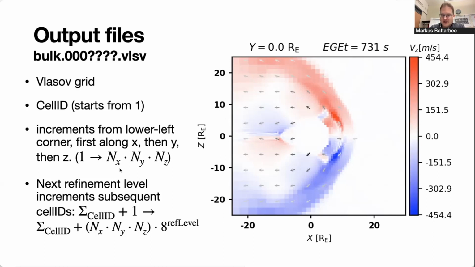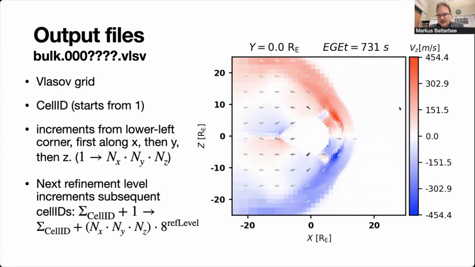So then the lower level cell IDs will not exist, but the higher level cell IDs will exist. And this means that, as a very, very important piece of metadata, we actually store for each VLSV file the list of cell IDs active in that VLSV file. And that can be used to reorder the data as necessary.